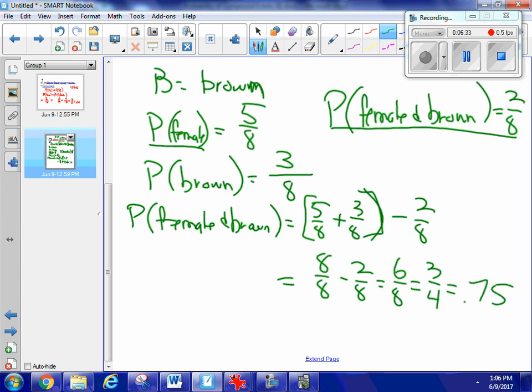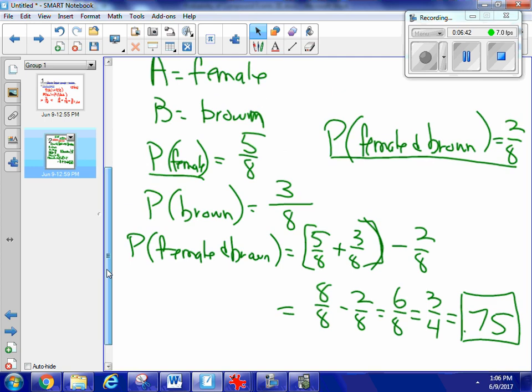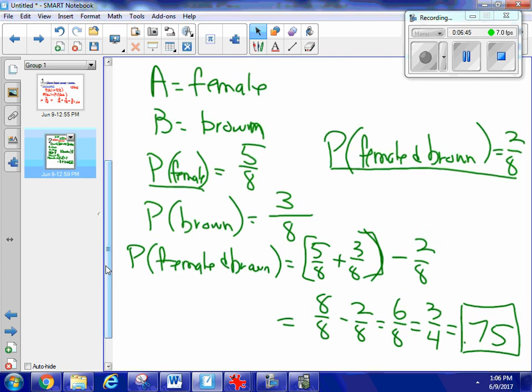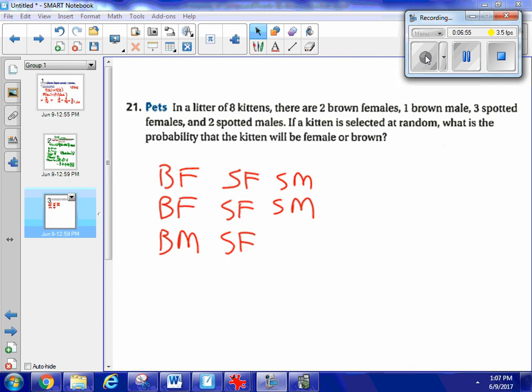Let's check it with the picture. So I just wrote here, BF stands for brown female, and I had 2 of those. And BM, brown male. 3 spotted females, SF. The 2 spotted males, SM. So I got my 8 kittens, and I'm going to reach in there, and I want to get one that is either female or brown. Well, here's a brown and a female. Here's another brown and a female.